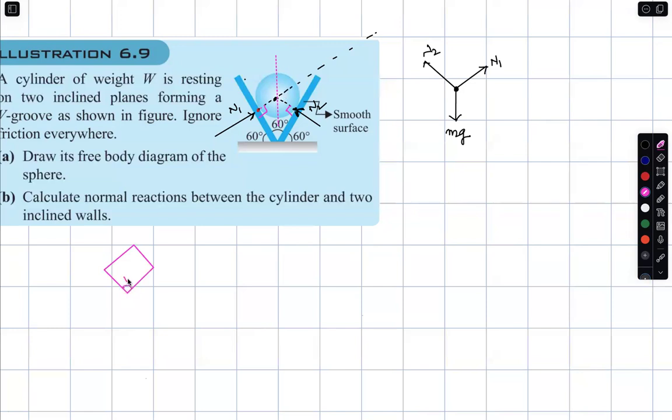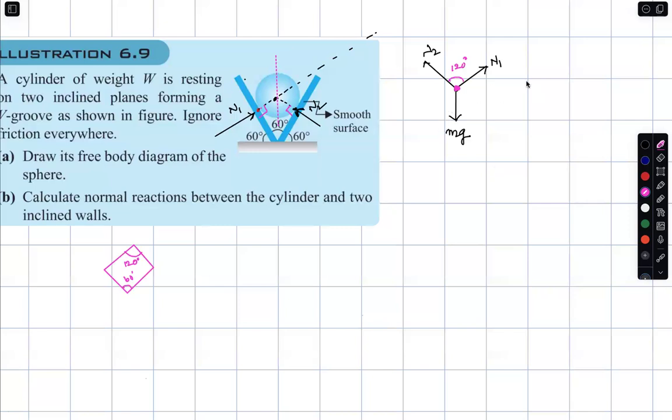If this is 60 degrees, this is 120 degrees. N1, N2, Mg. Now this angle is 120 degrees. Clear? Right.